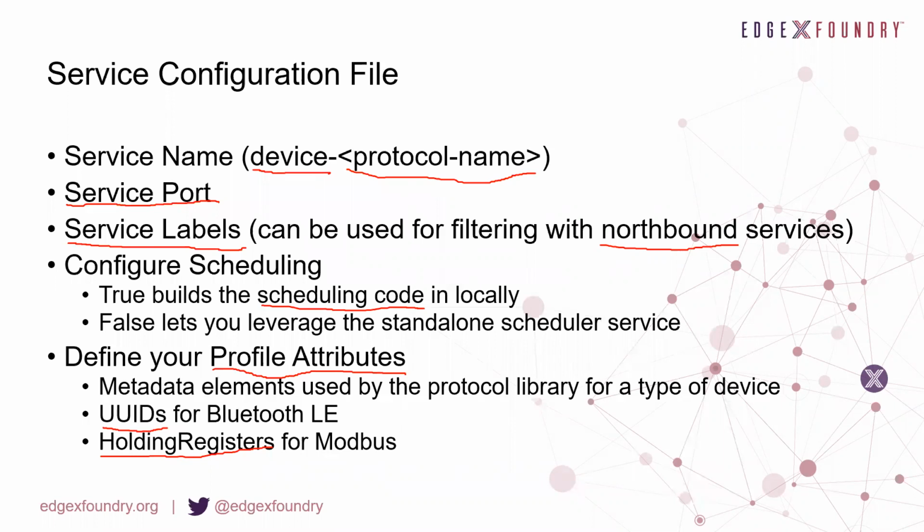So really, the picking of the protocol library is going to be your most important part about generating a new device service. So be sure to do that before you start with the SDK, just so you know what you need here on the profile attributes section.